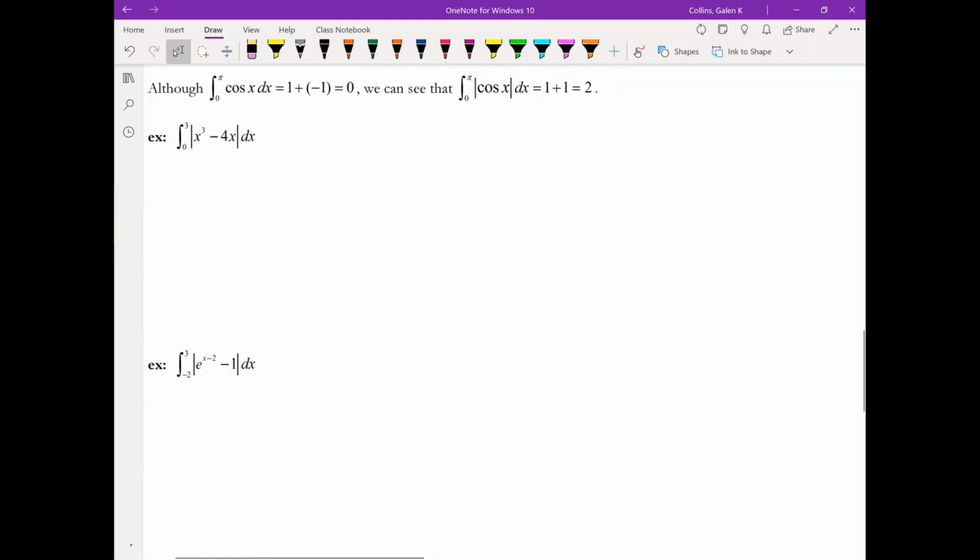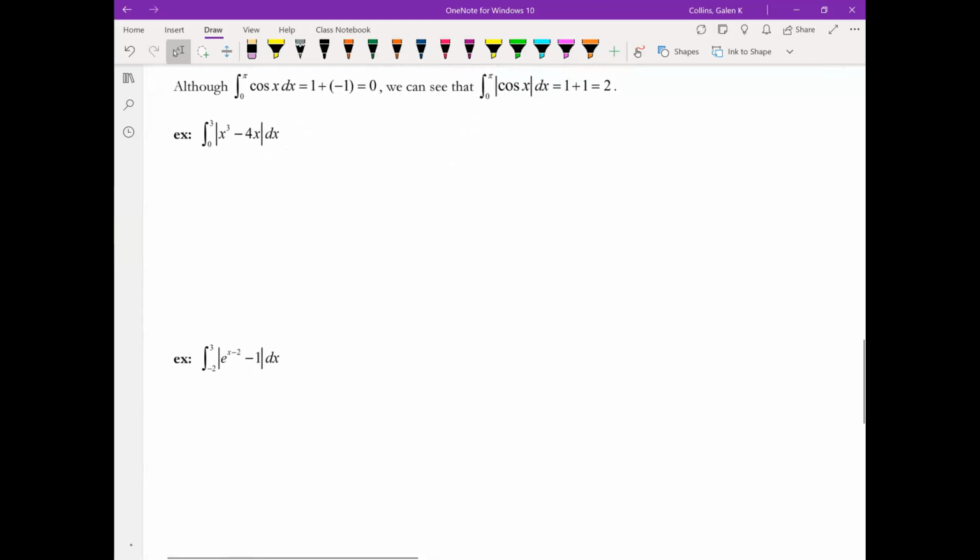And so if I'm going to integrate the absolute value of x cubed minus 4x from 0 to 3, I first really need to know where x cubed minus 4x is positive and where it is negative. So if I want to know where it's positive and negative, I need to set it equal to 0 and solve. So I'm going to say 0 equals x cubed minus 4x.